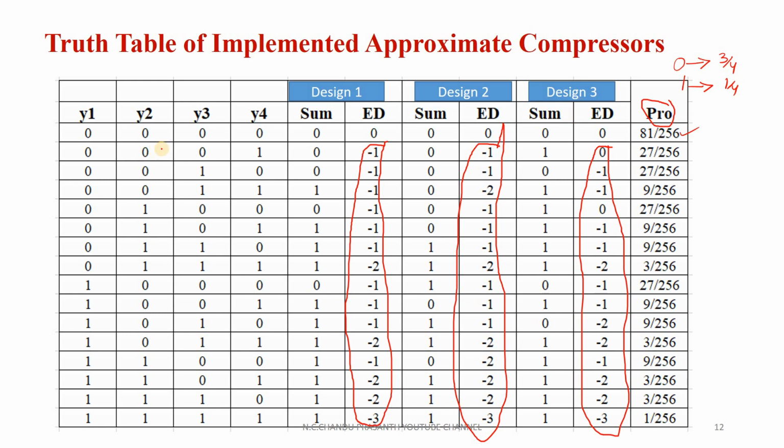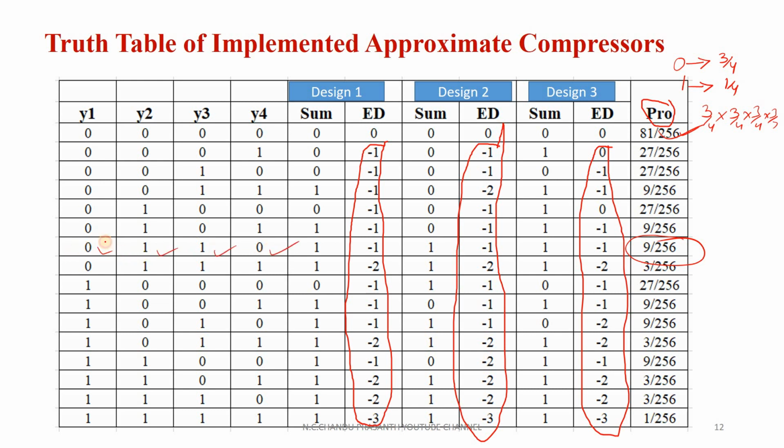So for the partial products 0, 0, 0, 0, that means 3 by 4 into 3 by 4 into 3 by 4 into 3 by 4. That's why we get 81 by 256.